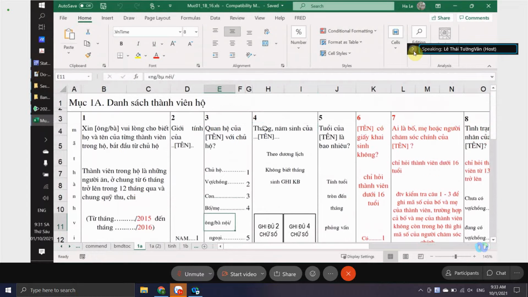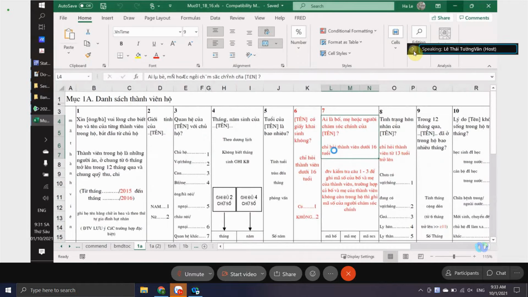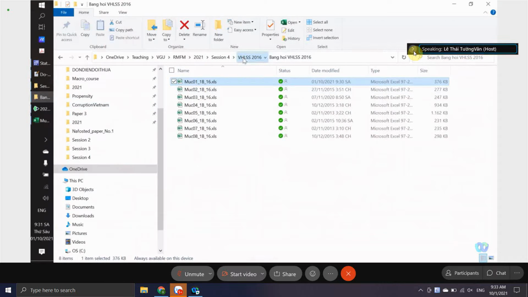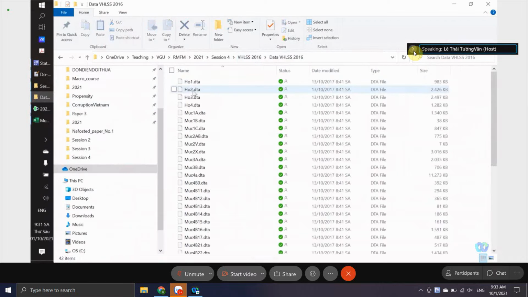And then when the individual was born, age, and so on. Now, this section 1A records information about the household members, and if this is the questionnaire, then if you go to the database here, you would have the data mục 1A.